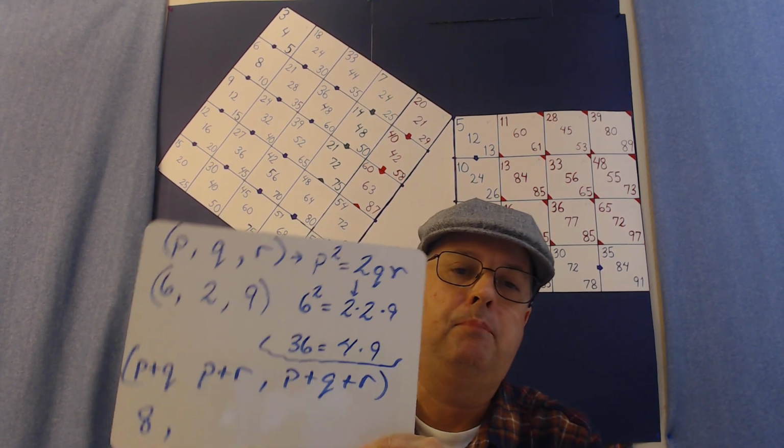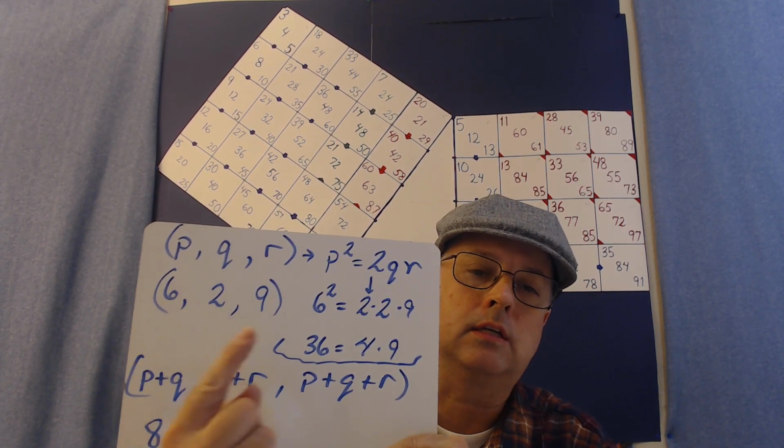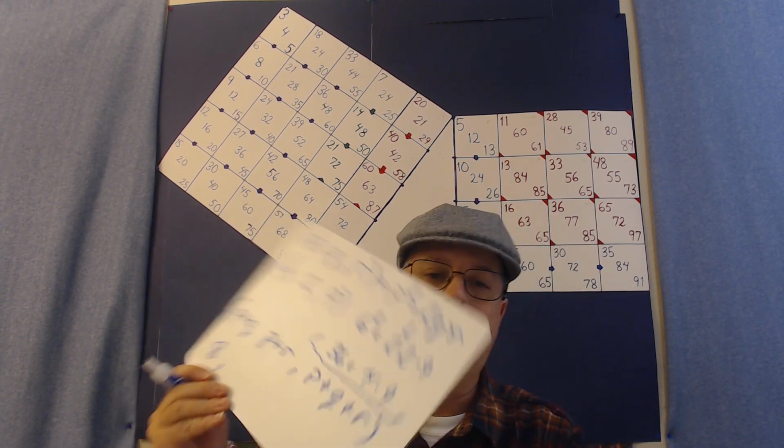And then P and R, 6 plus 9, so that's 6 plus 2, that's 8.